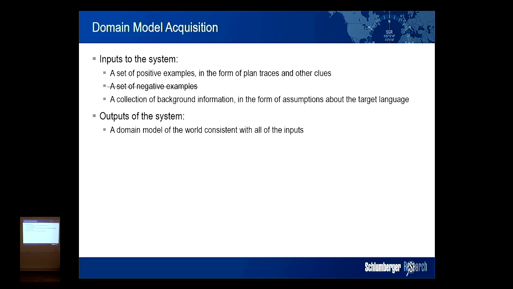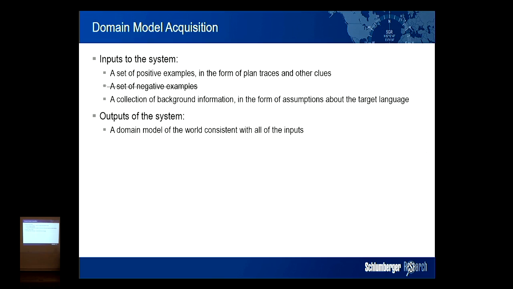Okay? So I said a set of negative examples, but in fact, most people doing domain model acquisition in planning are not using negative examples. So that's an interesting avenue to explore for people wanting to continue this line of research. Normally, our positive examples are a set of plan traces and some other clues, perhaps. We'll come to that later. I mean, they don't have to be plan traces. You could go straight from a natural language description of a planning domain straight into PDDL actions.